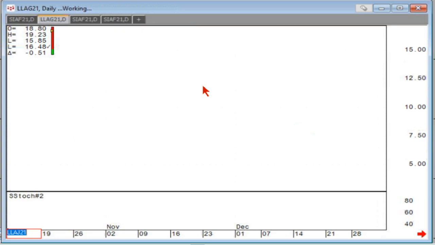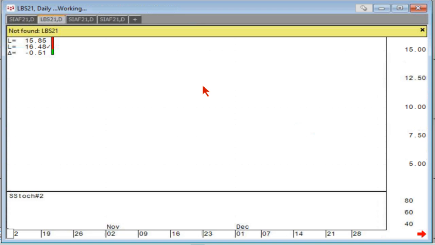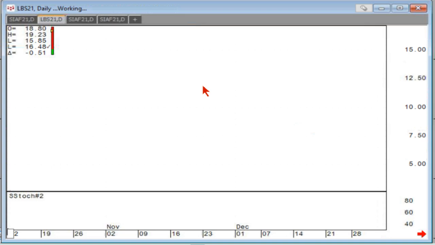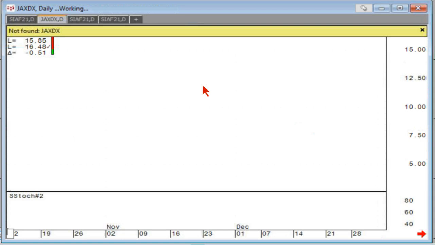Is it LBS? No, I'll have to look it up. I didn't trade lumber because it wasn't a very active trader or didn't have a lot of volume to get in and out. So I've forgotten what the symbols are.